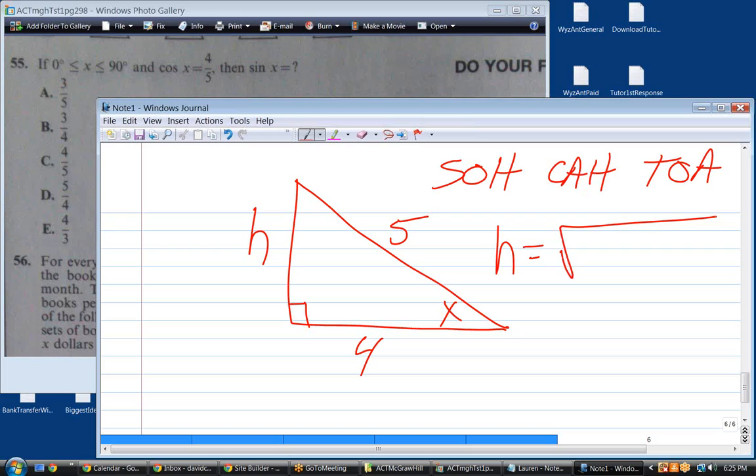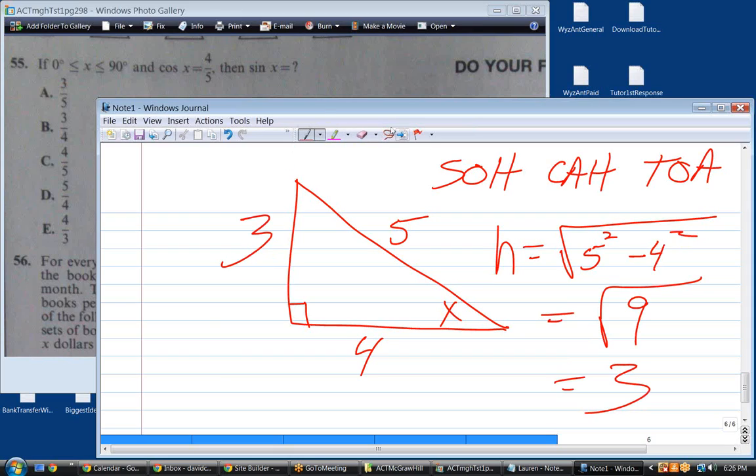It's always the hypotenuse first when you're solving for a side: the square root of 5 squared minus 4 squared, which is the square root of 9, which is 3. So that's how we would solve for it if you didn't recognize that it was a 3, 4, 5 triangle.